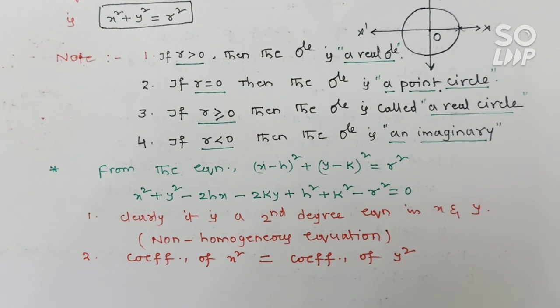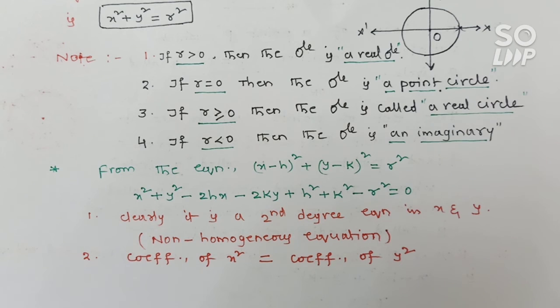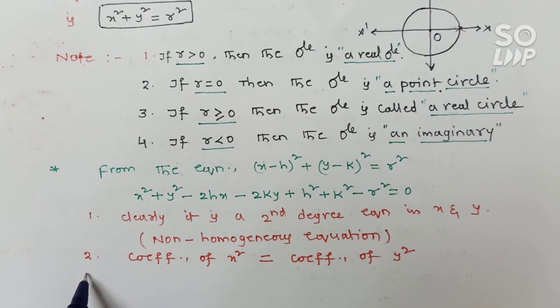Why? Because while doing problems, when we have a second degree non-homogeneous equation to represent a circle, it must satisfy these conditions. The first condition is that it must be a second degree non-homogeneous equation. The second condition is that the coefficient of x square is equal to the coefficient of y square. And next, look at this one.